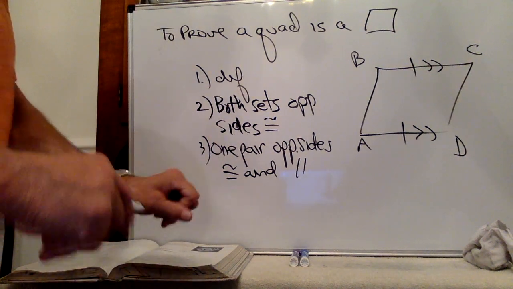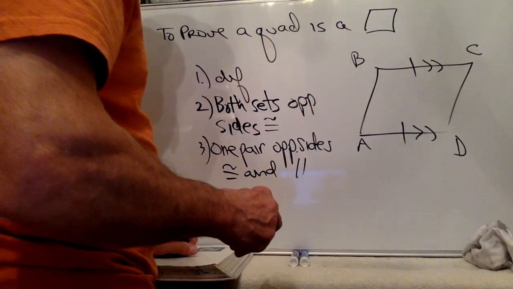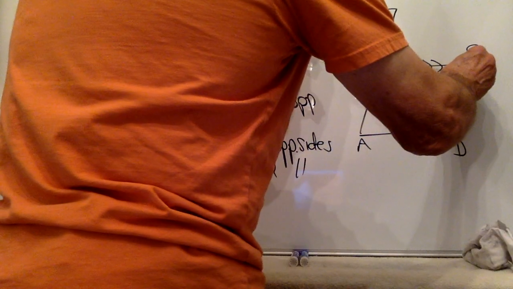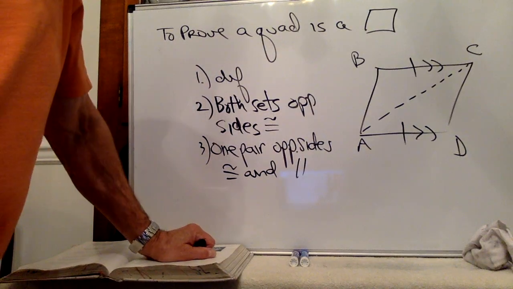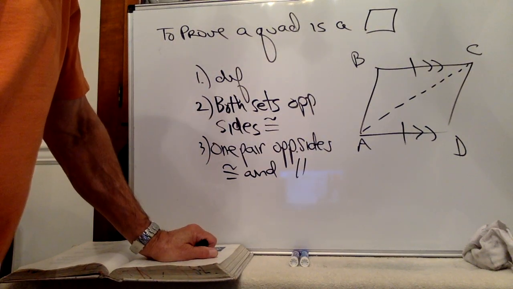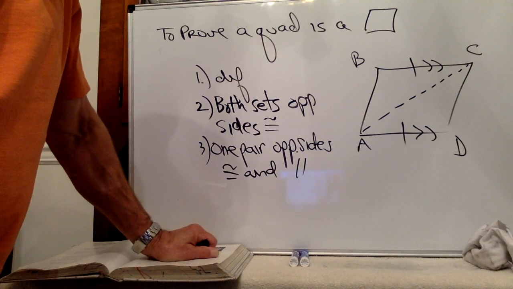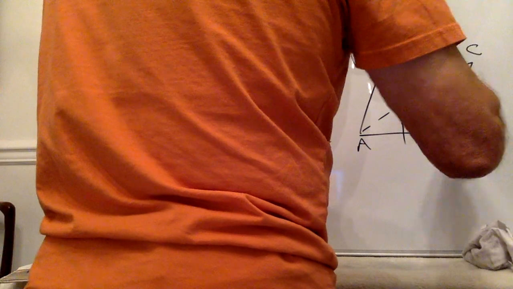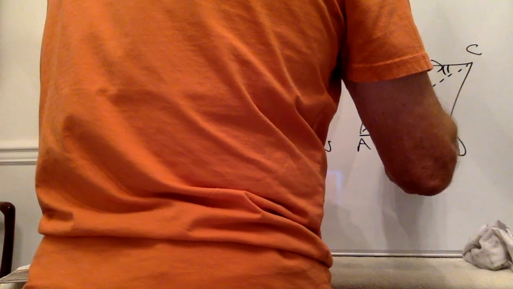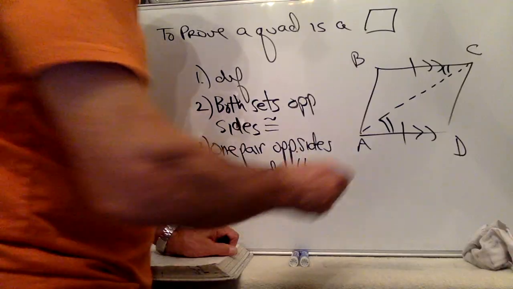This one, what you want to do is draw a diagonal. And I can prove that, since these are parallel, that's congruent to that. Alternate interior angles.